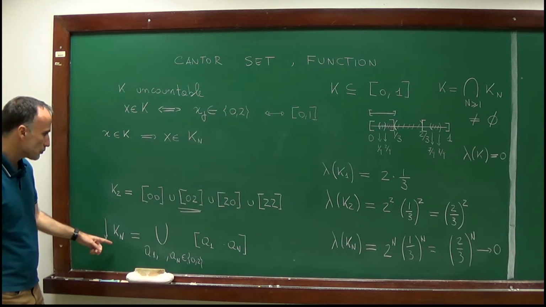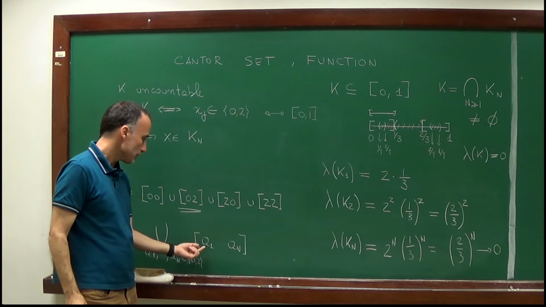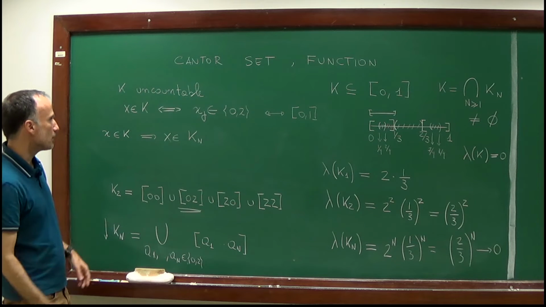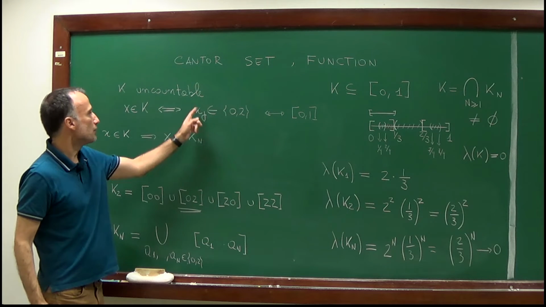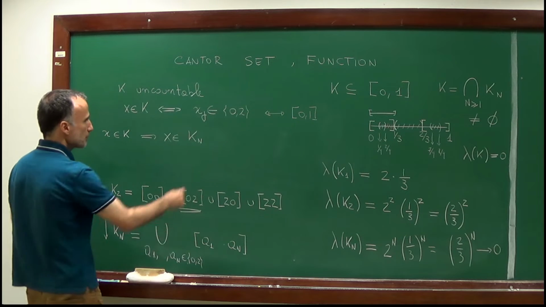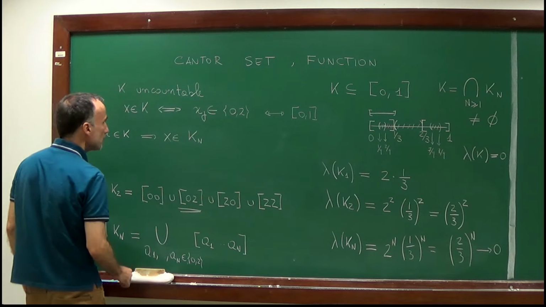And if x belongs to Kn, it belongs to one of these intervals. And if it belongs to one of these intervals, it means that its first n digits are composed only of 0s and 2s. And therefore, this proves that xj belongs to {0, 2} for all j, because I can take Kn as large as you want.